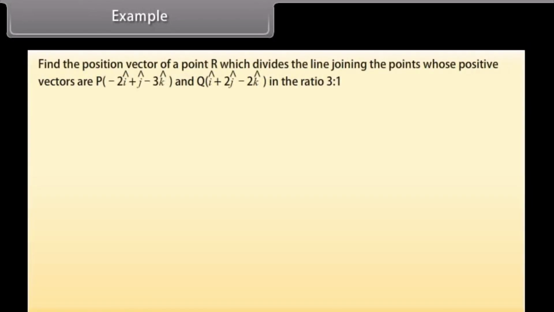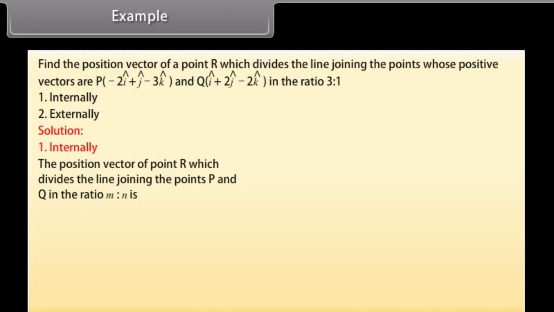Example. Find the position vector of a point R, which divides the line joining the points whose position vectors are P minus 2 cap I plus cap J minus 3 cap K and Q cap I plus 2 cap J minus 2 cap K in the ratio 3:1, 1 internally, 2 externally. Solution. 1 internally.